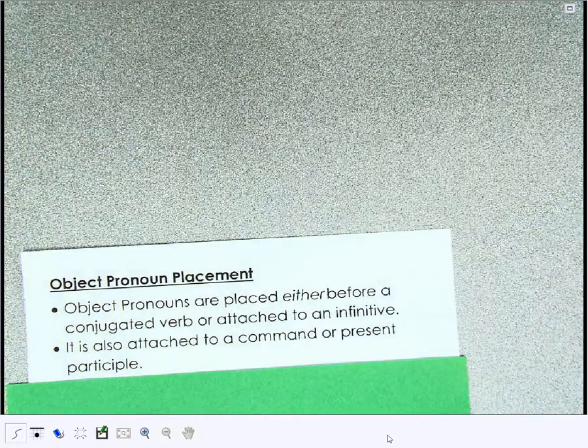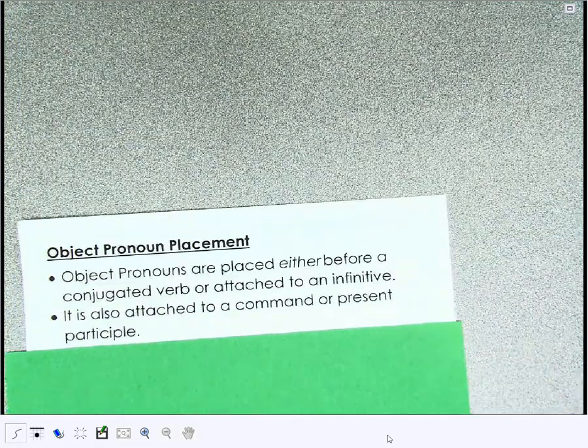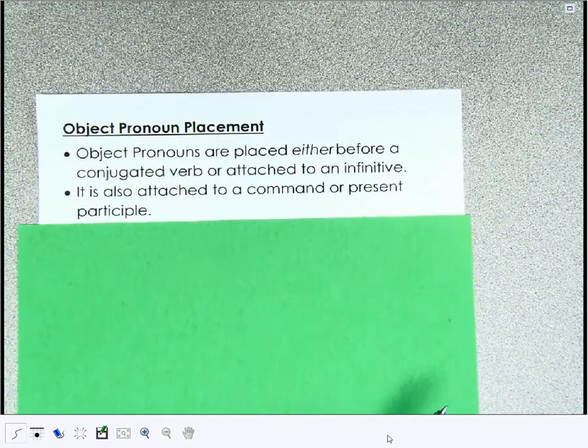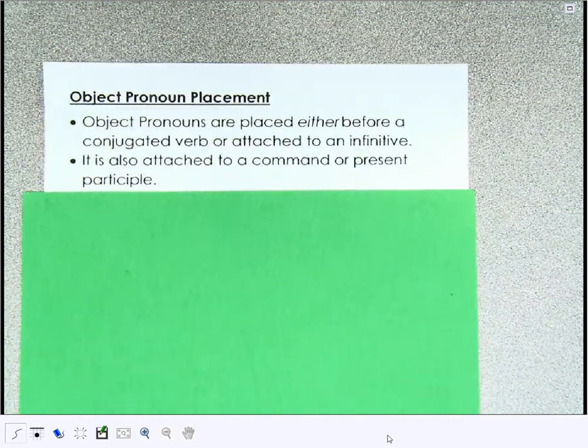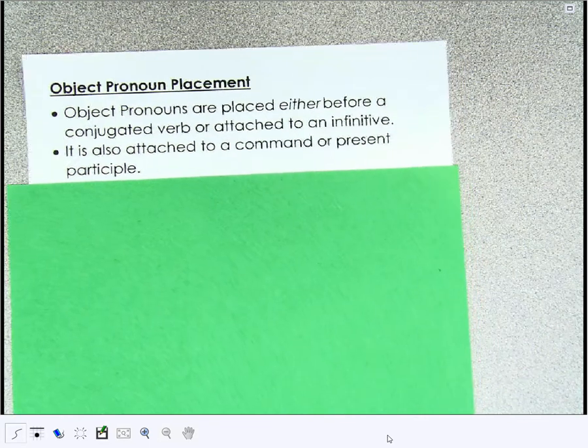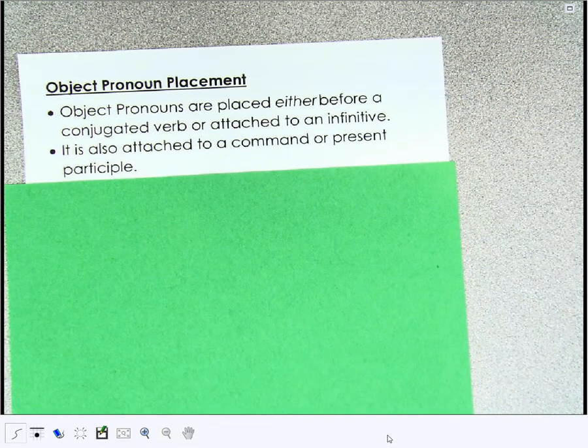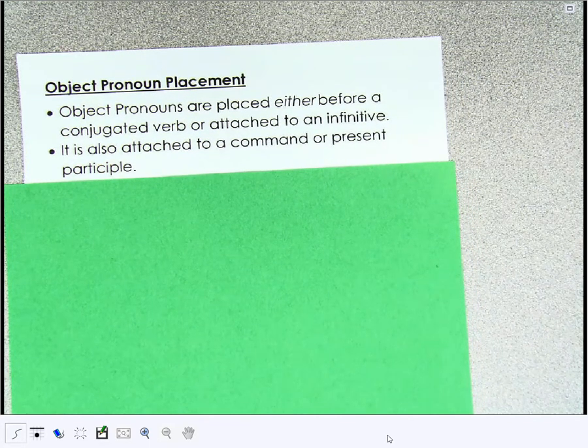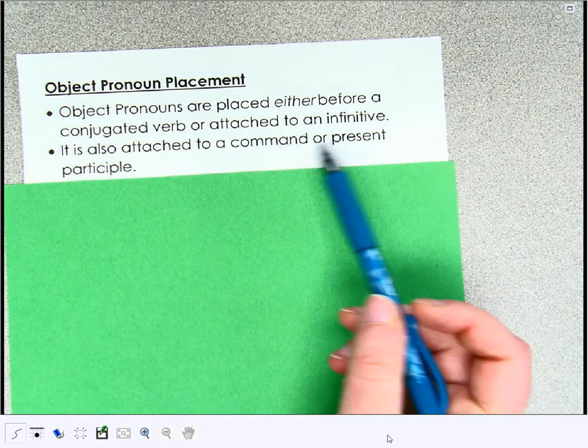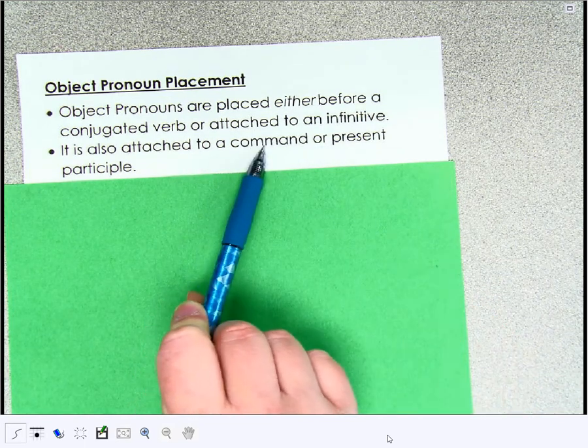So it's also attached to a command. If you can remember learning some of the classroom commands, it was like turn around is date la vuelta. Raise your hand is levántate la mano. That's because those pronouns get attached to a command.